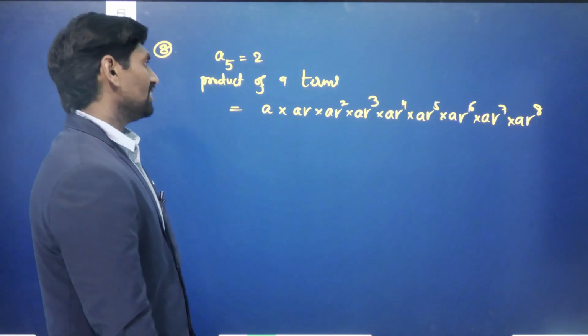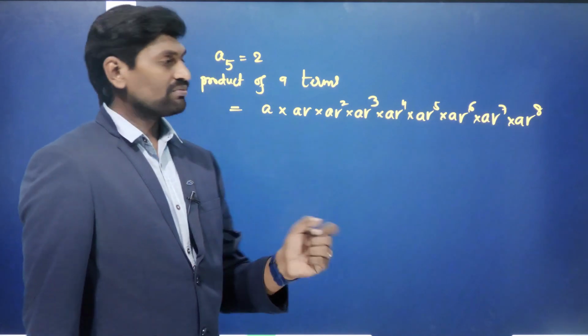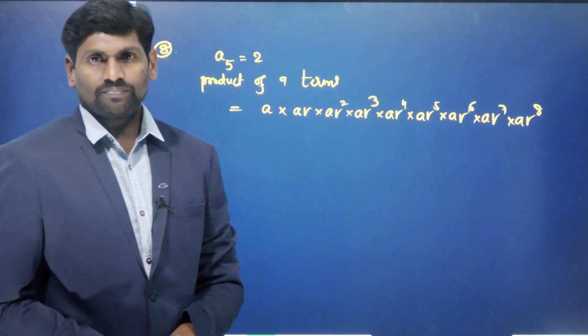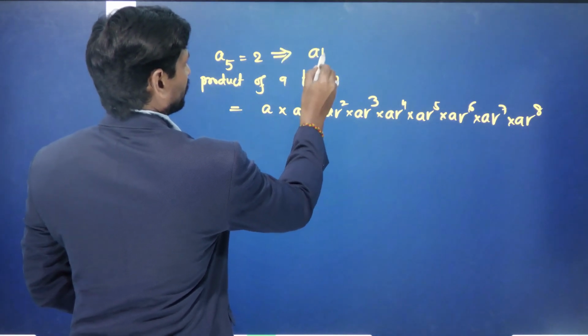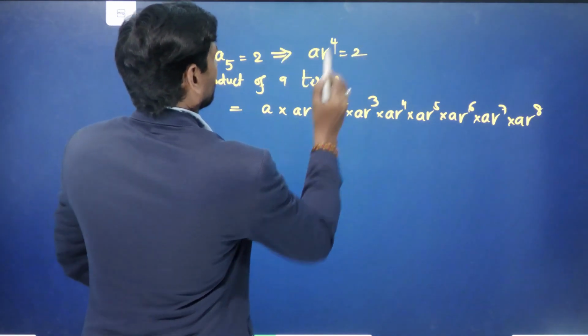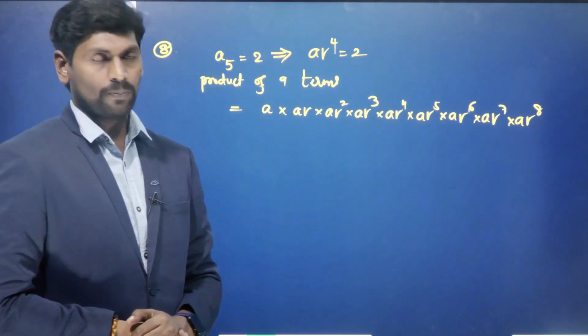These are the first 9 terms. And A5 is nothing but A into R power 4, which is 2.